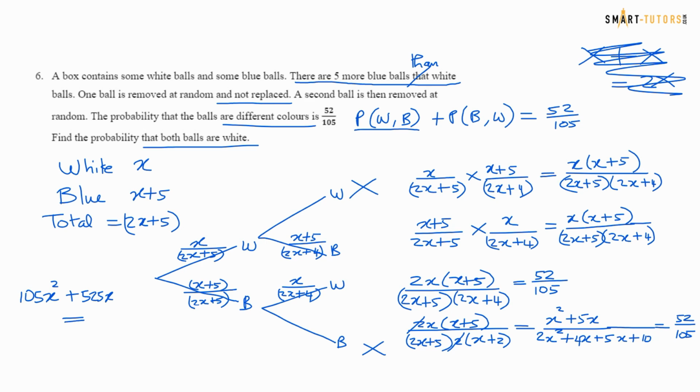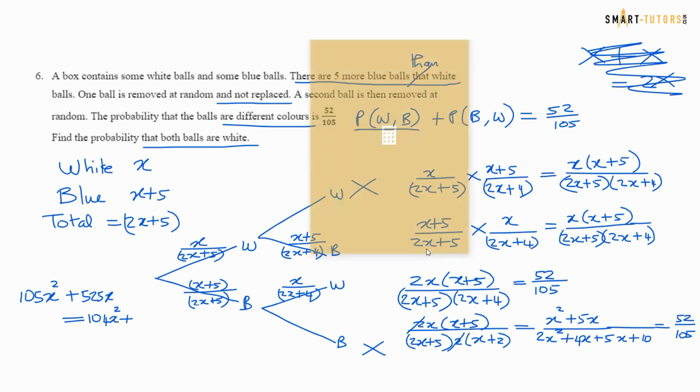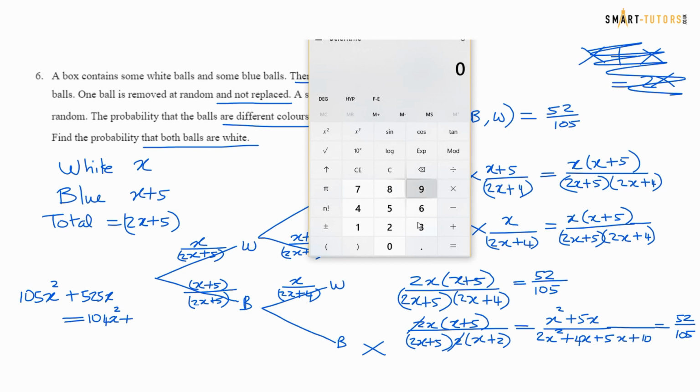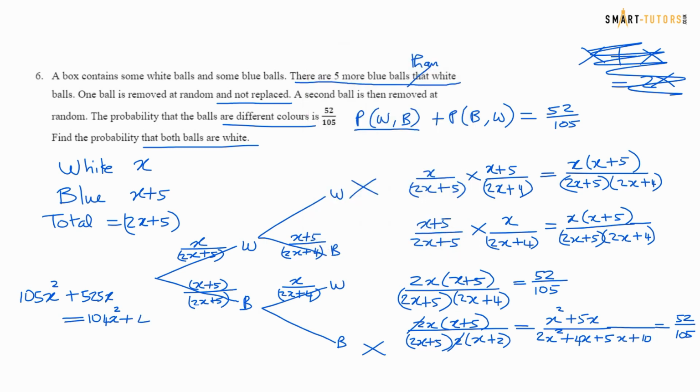Equal 52 times 2 is 104 x squared plus 5x plus 4x is 9x. So let's quickly multiply that one. So 9 times 52 is 468x, then plus 520. Right.